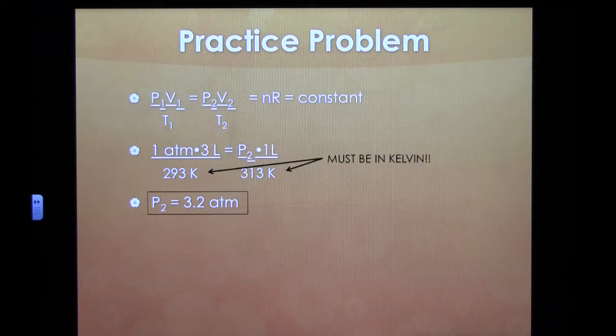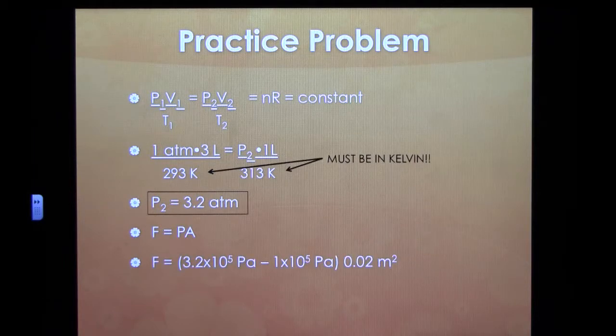Part B asks us to find the force that keeps this volume of 1 liter. Well, we know force is equal to pressure times area from our fluids unit. Plugging in the pressure as the pressure difference between the inside and the outside.